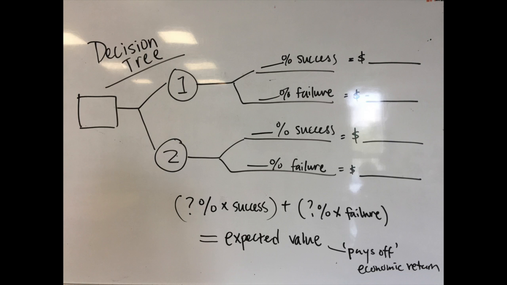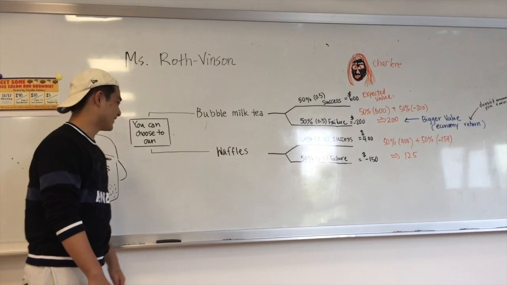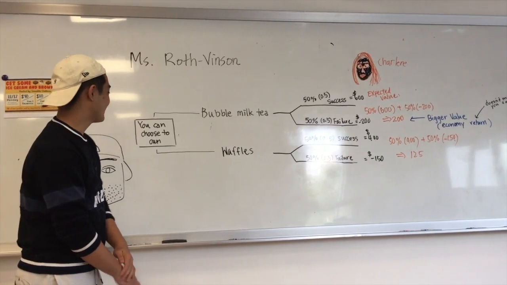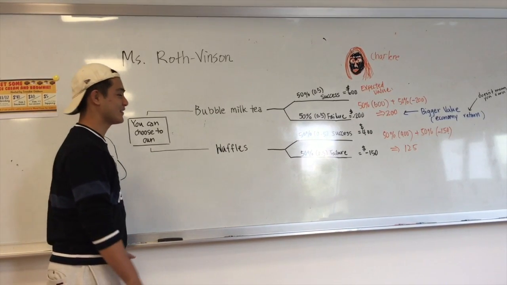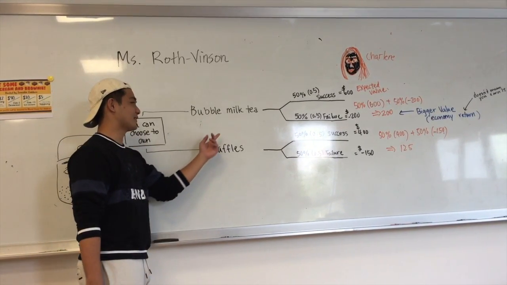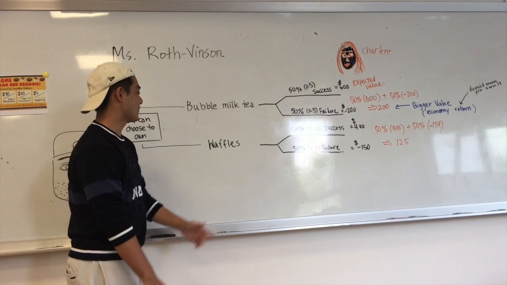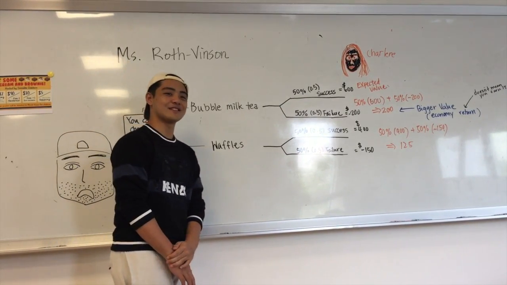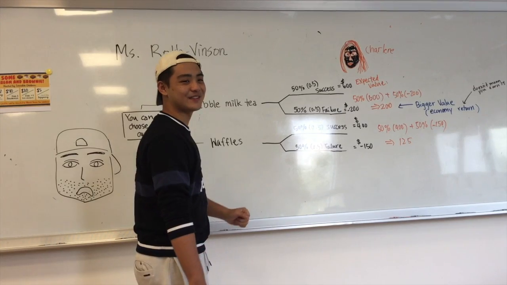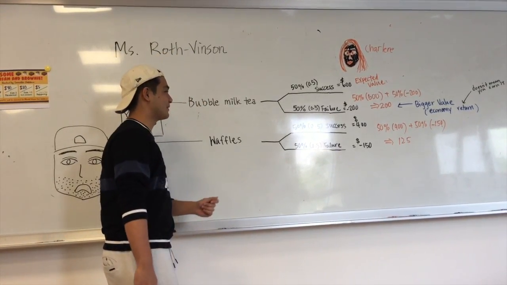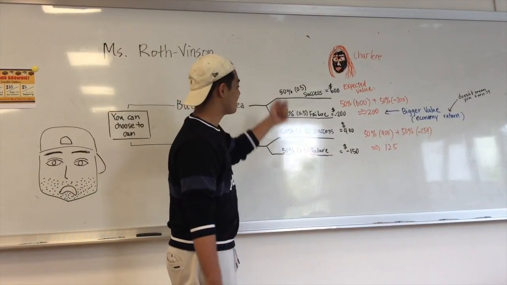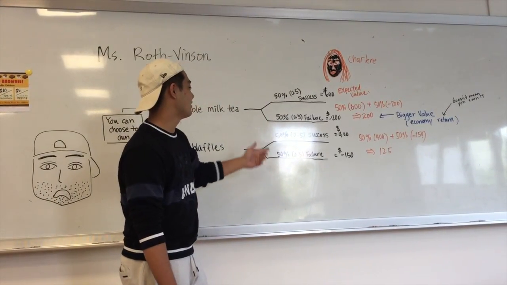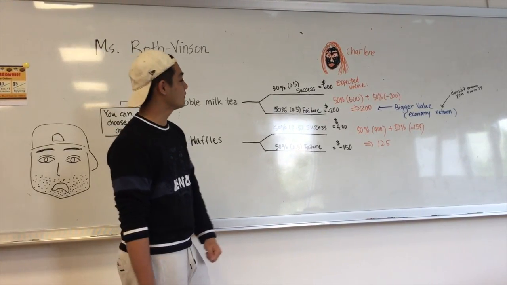So we'll give an example later. Today, in this case, we have two businesses you can choose. The first one is bubble milk tea, and the second one is waffles, and you can see these two branches. It means the probability. If you choose bubble milk tea, you have a 50% chance to succeed and a 50% chance to fail.